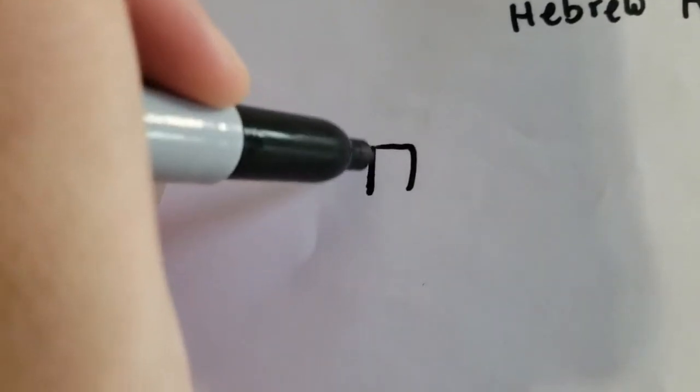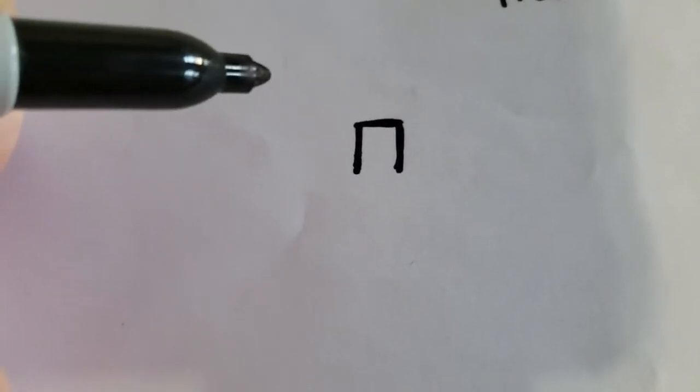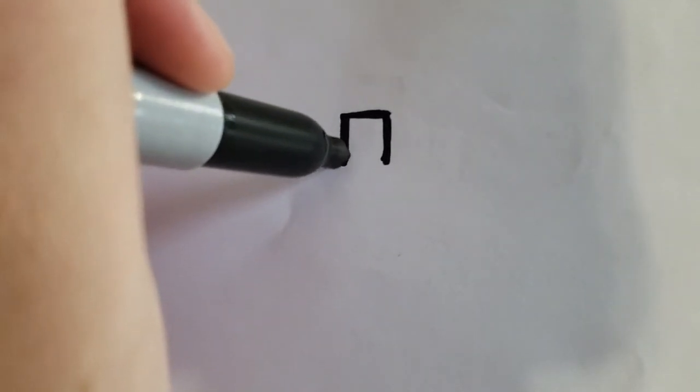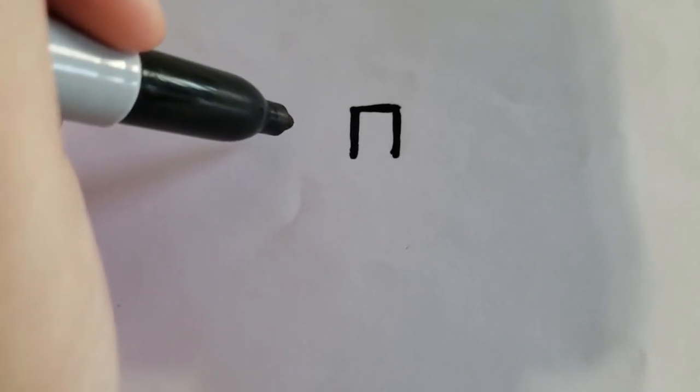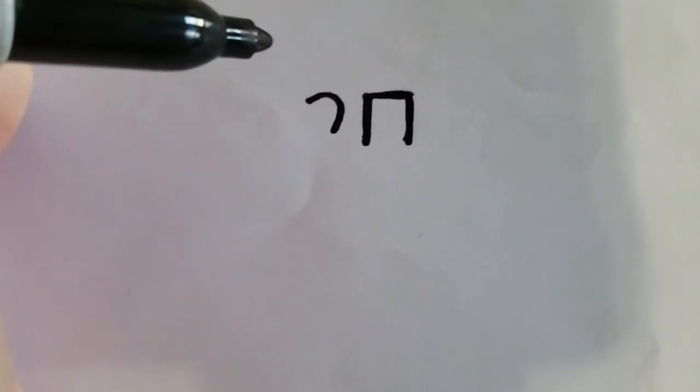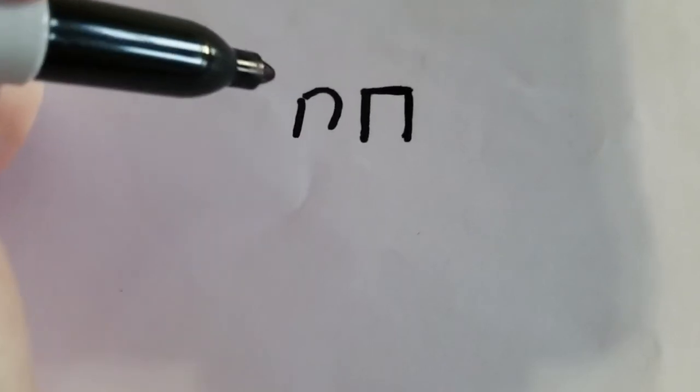Okay, next letter is Chet. You make a beginning of a box and then you bring it down. Just leave the bottom open. And the script way is you make half a circle and then you bring down a line.